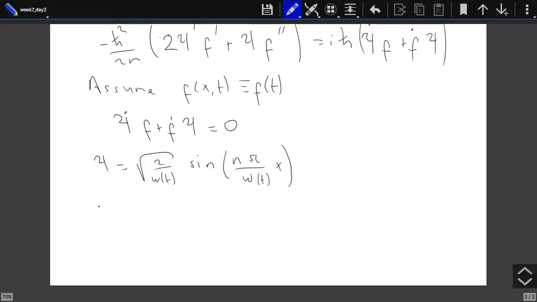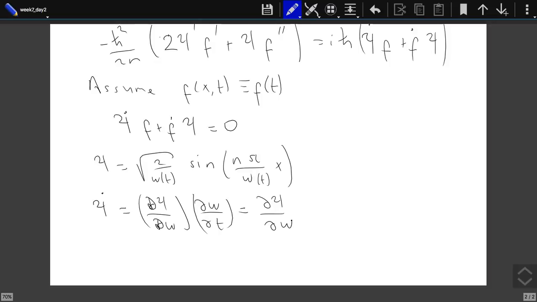So psi dot is equal to del psi by del omega times del omega by del t, which is del psi by del omega times v.